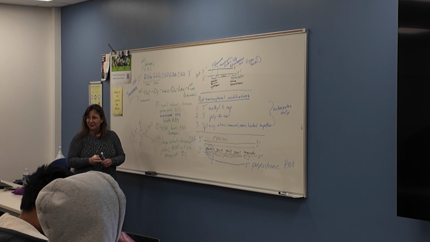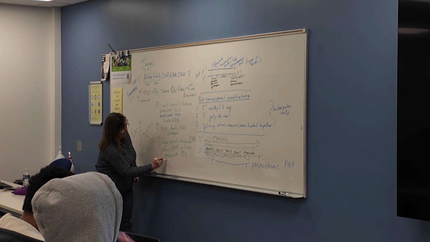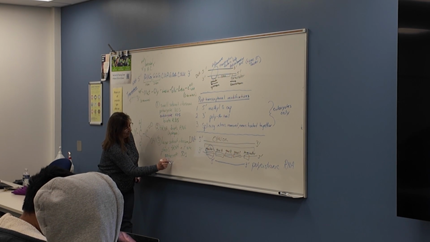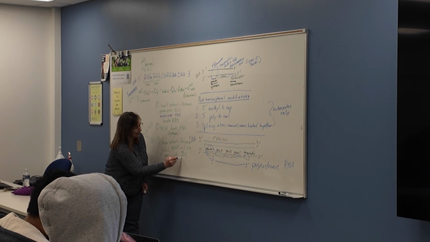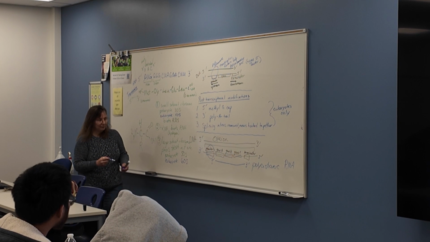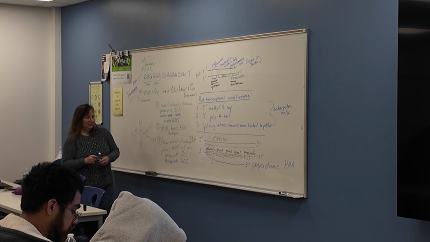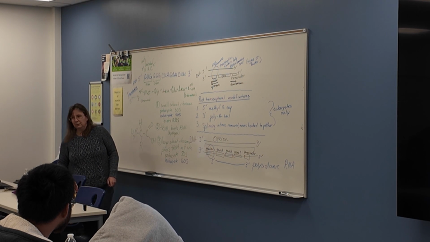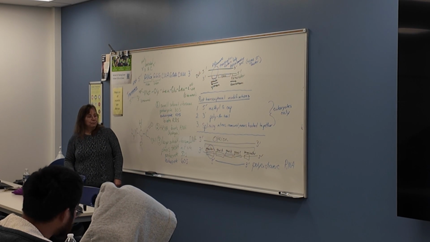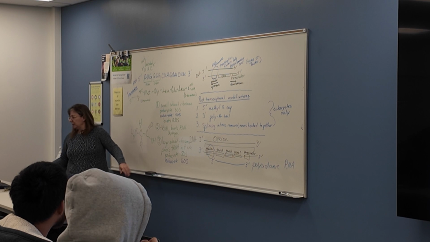Anyone remember? Just go up 10. So this will have a 60S. Right. So the ribosomes look a little different. That's how we get it started.